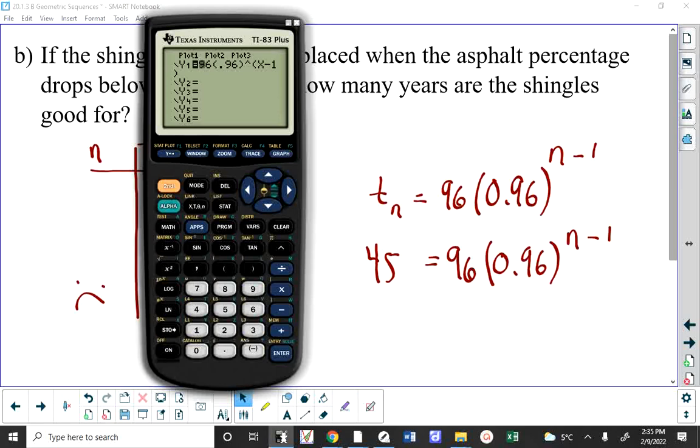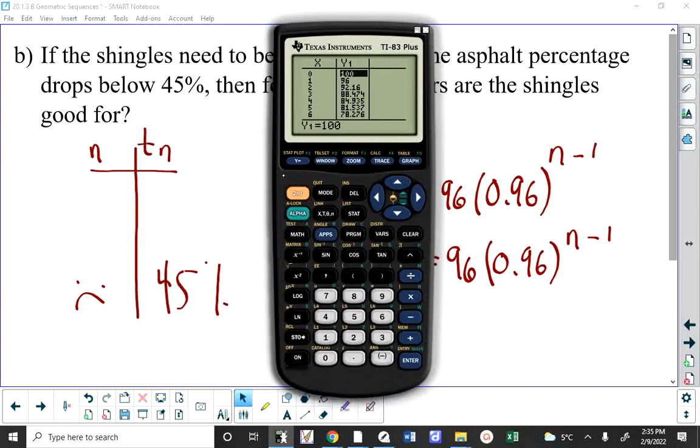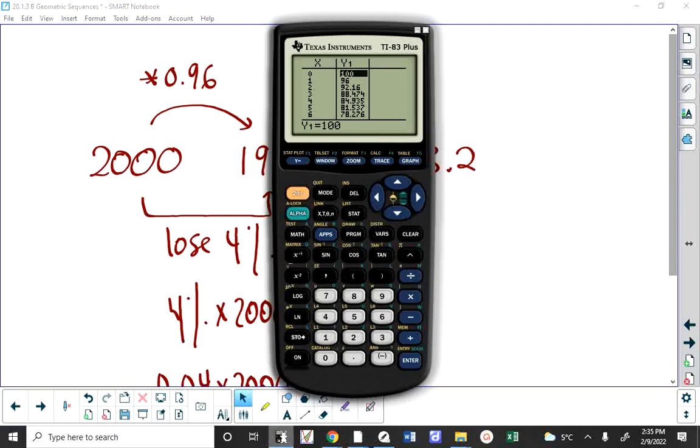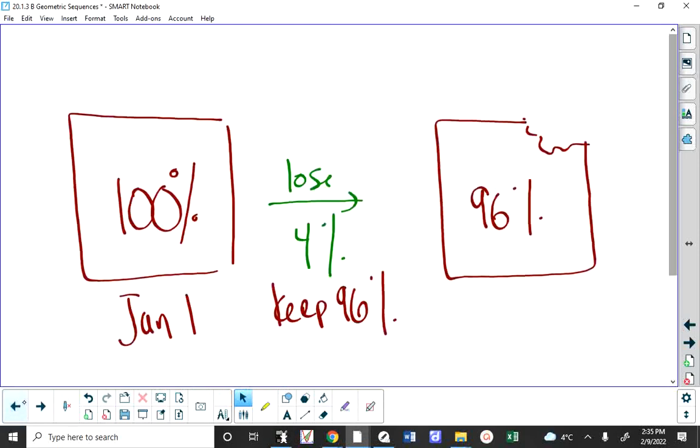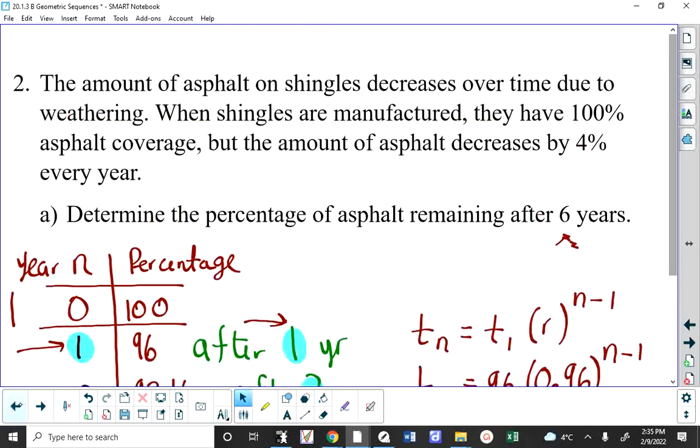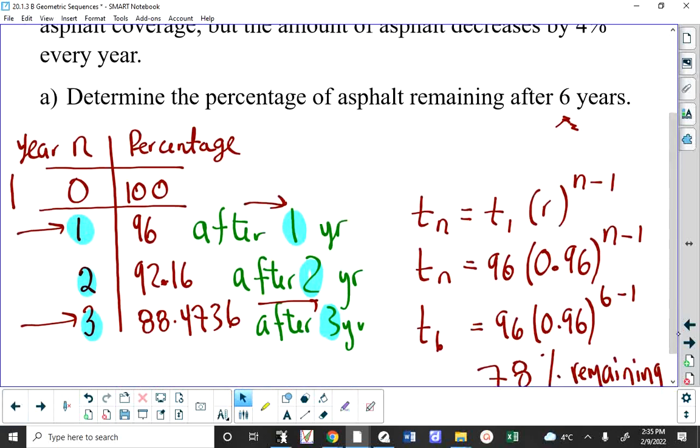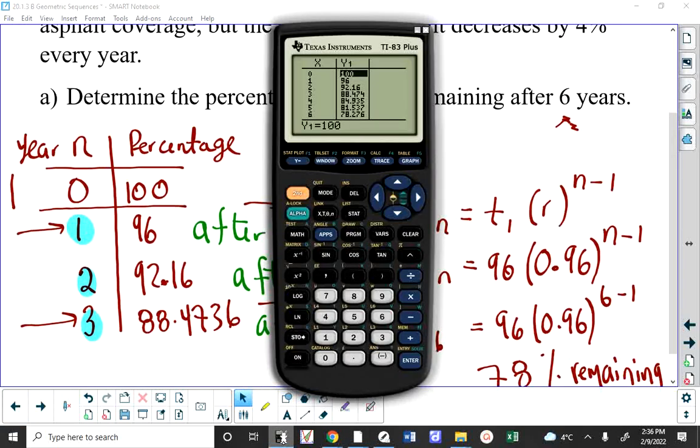I go to my table and I can see that it's matching what I have here, that the first term is 96. I said start at 0 and go up by 1, right?